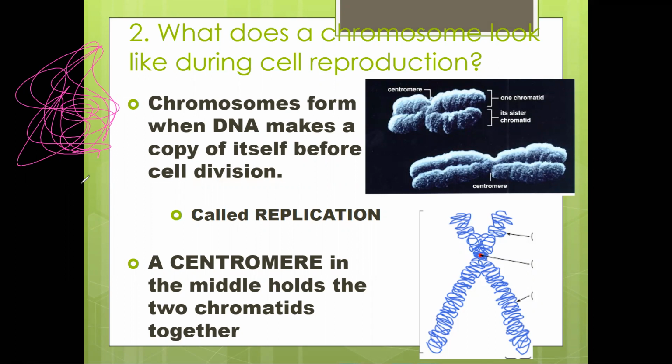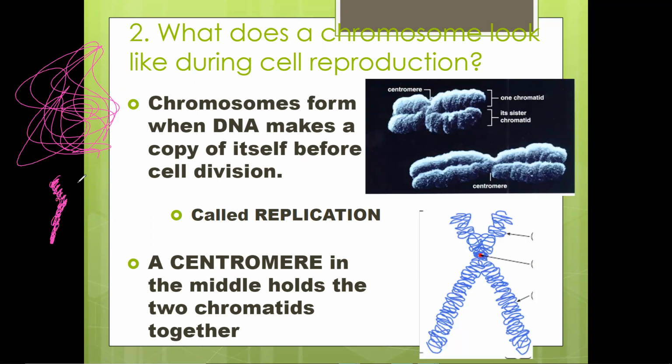But if a cell is going to divide into two, all of that DNA needs to make a copy of itself. And a big mess of unwound DNA is not very easy to copy. So the cell is going to wind it up and wind it up into a chromosome.